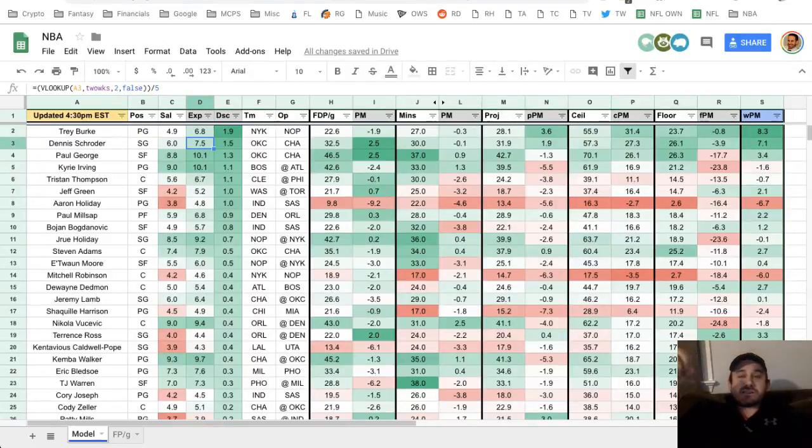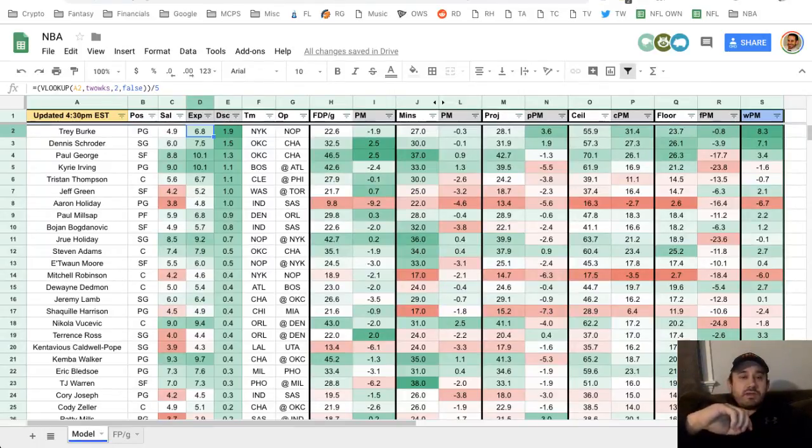5 is our constant. We're shooting for 5x value. We're always shooting for 5x value, okay? So whatever Trey Burke has scored over the last 2 weeks, that divided by 5 gives you $6,800.